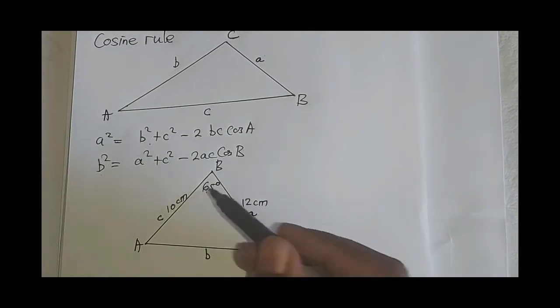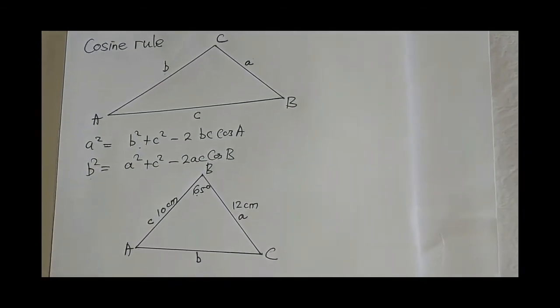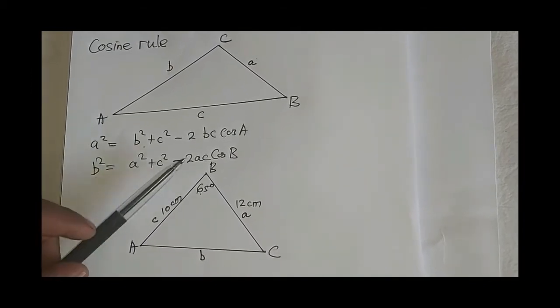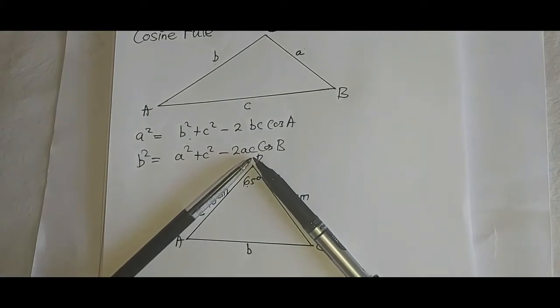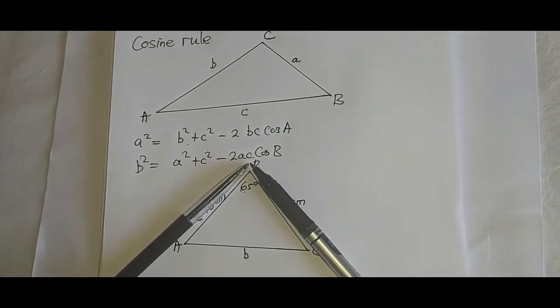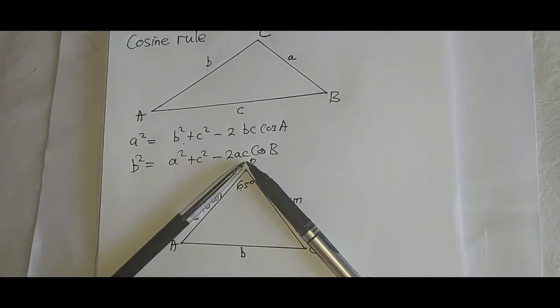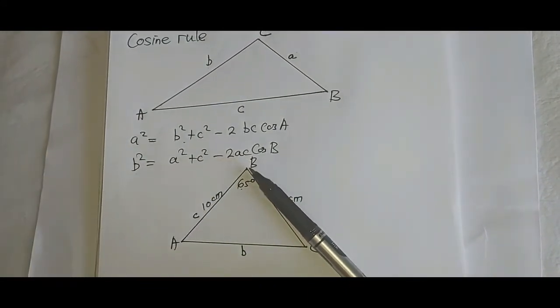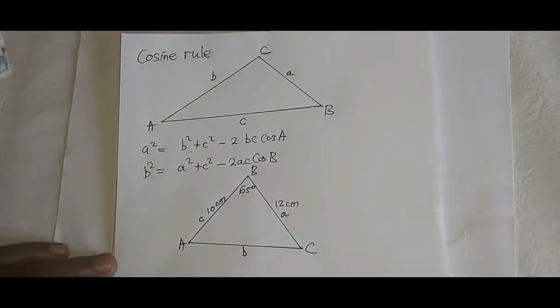I'm having this angle. So can you see there that the cosine rule works best when you are given two sides, and between the two given sides there is an included angle that you can see. So if you are having this situation that you have two sides and an included angle, then the cosine rule will work.